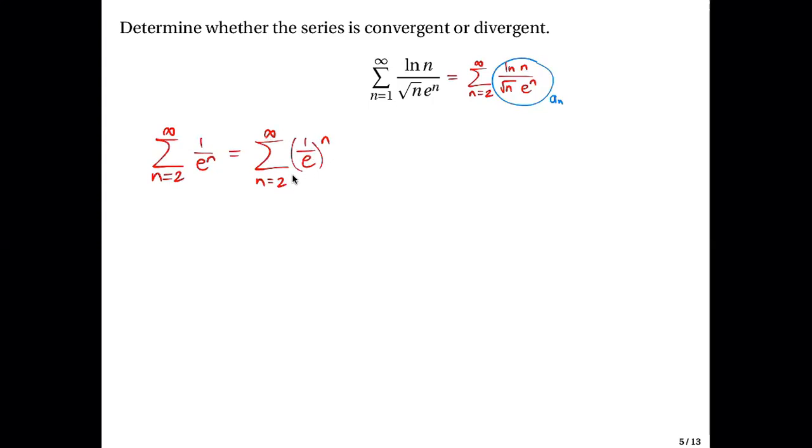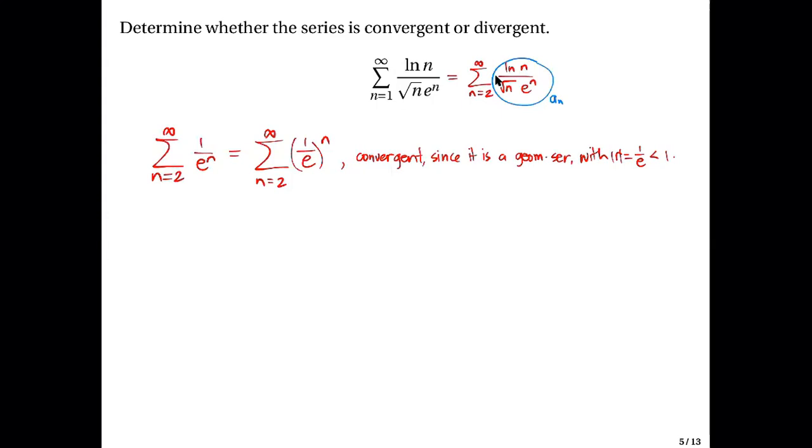So this guy here is convergent since it is a geometric series with absolute value of r equals 1 over e, which is less than 1. So, convergent. So, pwede natin itong i-prove na convergent.